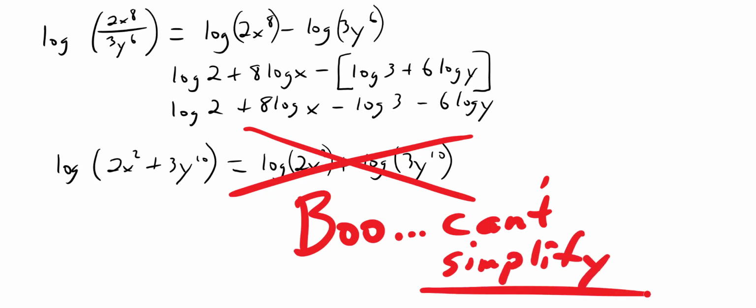All right, cool. I've got a couple more problems here, because we're going to actually use our properties to solve problems with logs. So let's do that. Solve using logs.